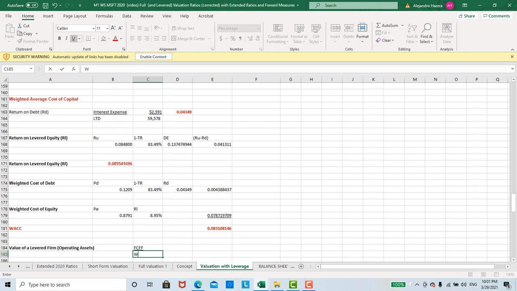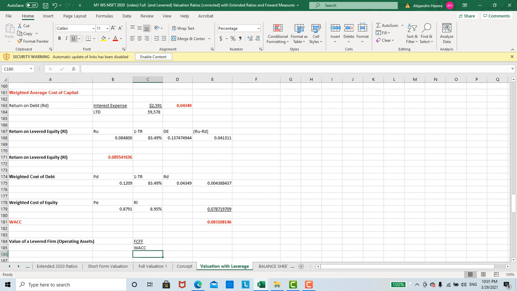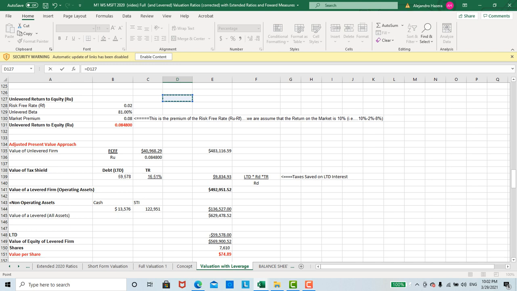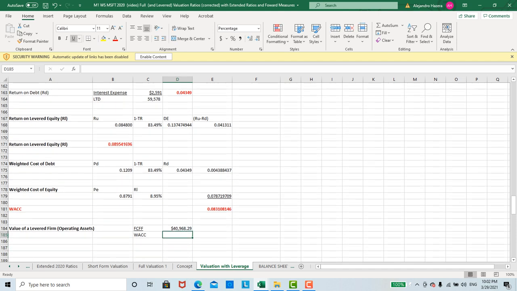Okay, so we're going to take the free cash flow to the firm that we took before, about 4986.29, and divide it by the weighted average cost of capital.